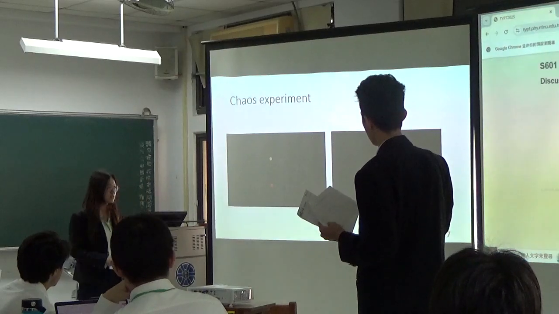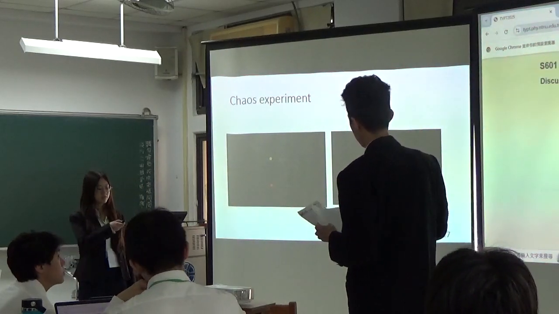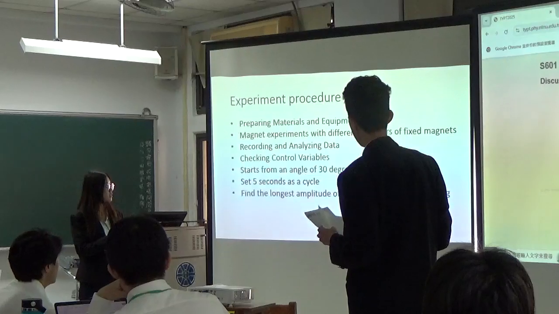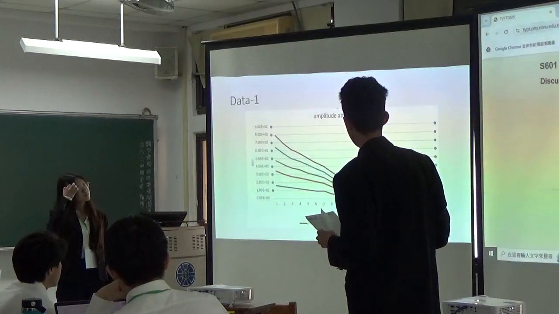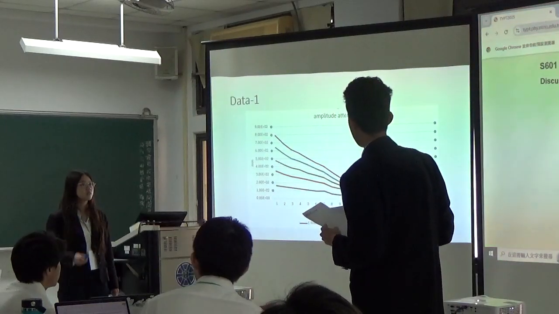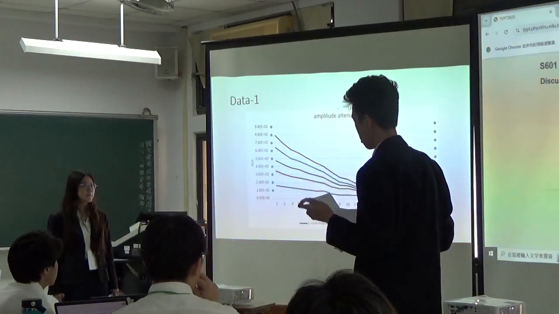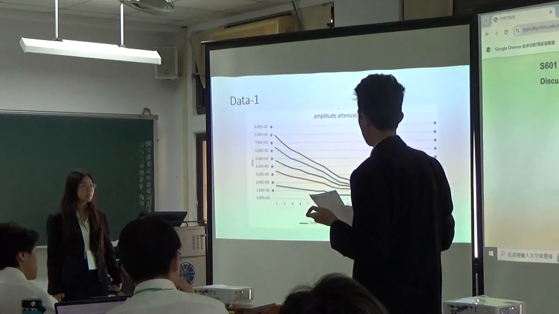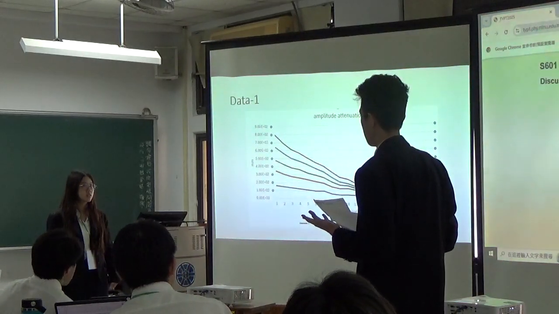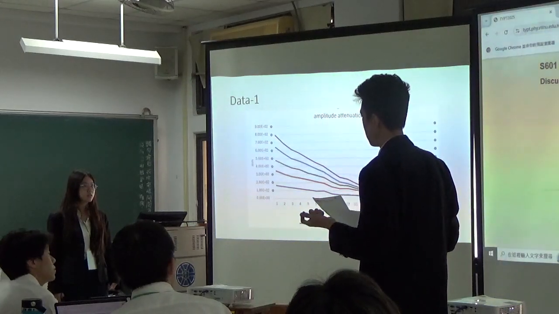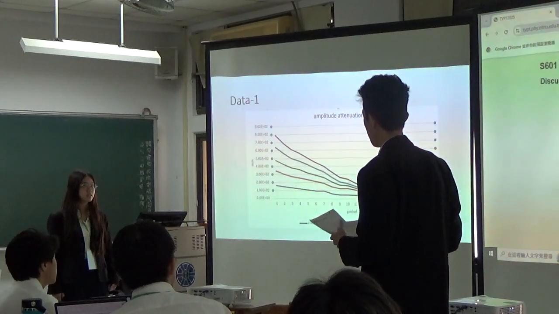Right. So can you turn back to the graph? So you record the motion over 5 seconds as a period, right? Yes. So you choose the biggest amplitude within these 5 seconds and make this graph.